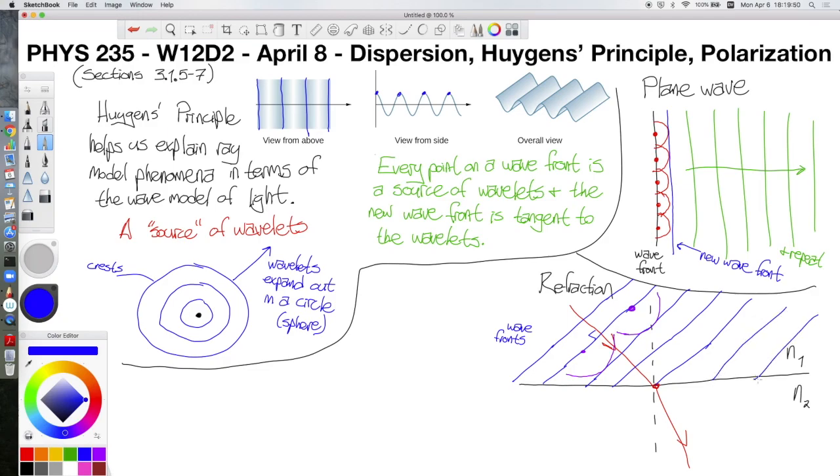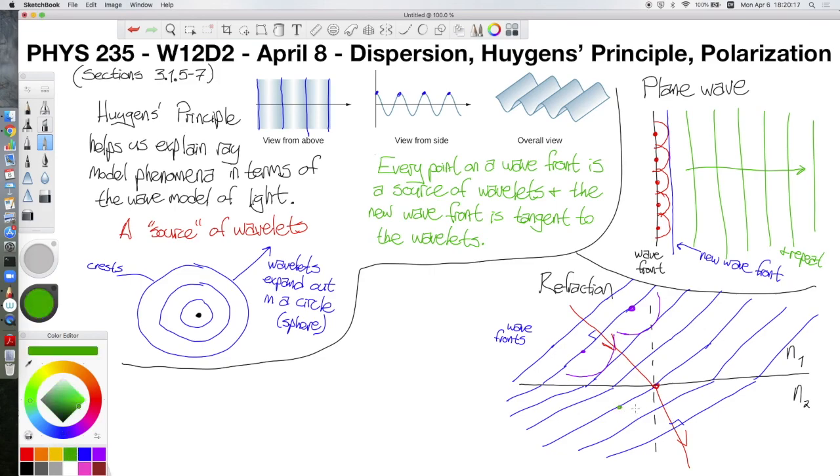So let me draw a couple more wavefronts here. Well, we know that these wavefronts are going to have to be perpendicular to the refracted ray within n2. So this means that our wavefronts themselves actually bend when they enter this other material, say water, so that again the wavefronts are perpendicular to the path of the light ray.